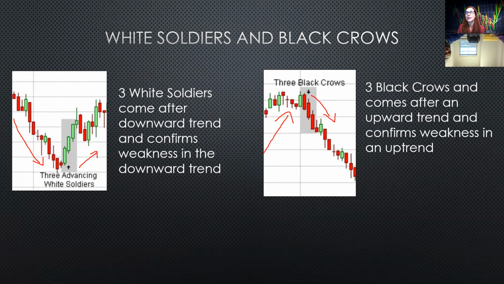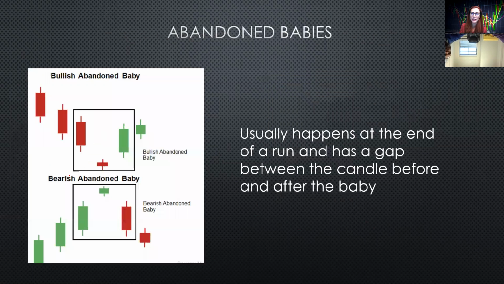All of these sellers are exhausted. There's no more sellers. The buyers have the power. They're taking it up. So this could be, again, a 5-minute chart. It could be a 15-minute chart, a daily, a weekly, a monthly. Good?